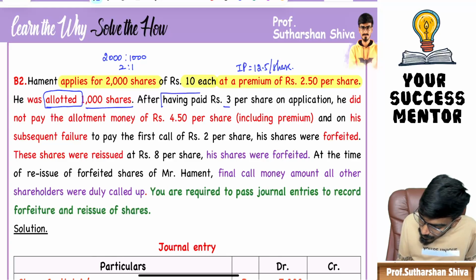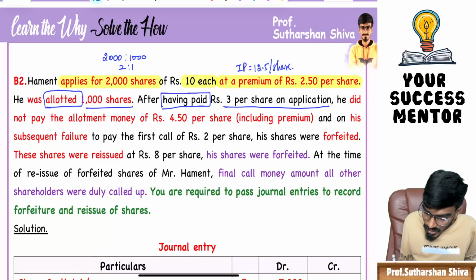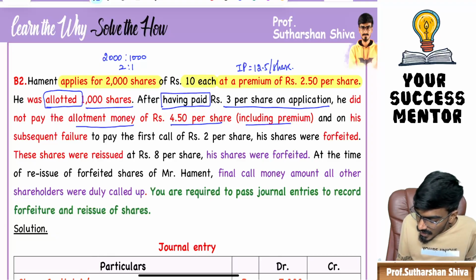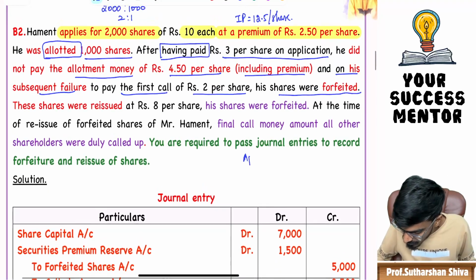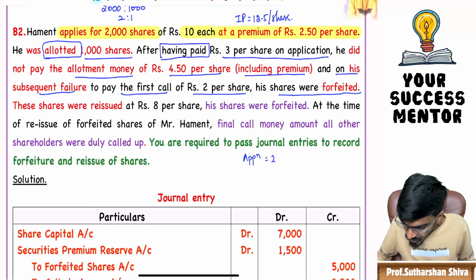After having paid rupees 3 per share on application, he did not pay the allotment money of 4.5 per share, including a premium, and on a subsequent failure to pay the first call of rupees 2 per share, his shares were forfeited. Allotment money is 4.5, which includes 2.5 of premium, so it is 2 plus 2.5.